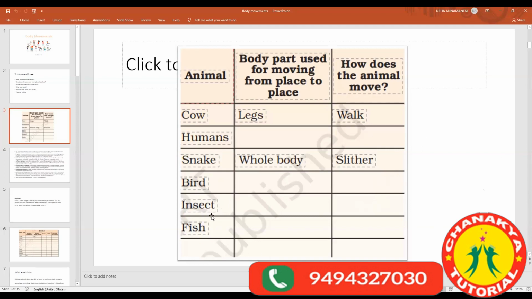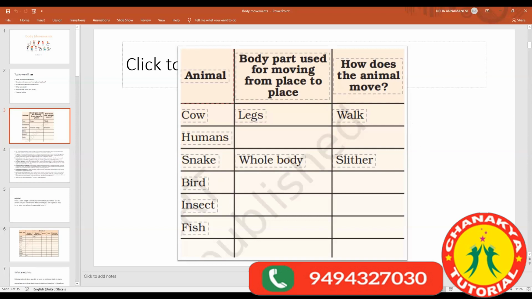Next is insect. Which body part does it use to move? Whole body. Probably it uses its wings, and its legs and whole body too. Oh yeah. Then how does it move? By legs, by walking, by crawling.